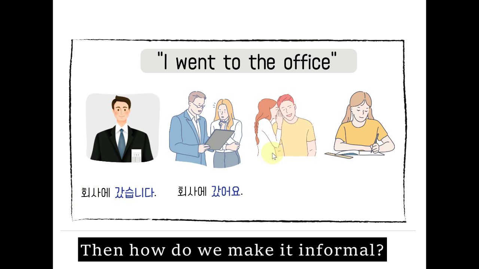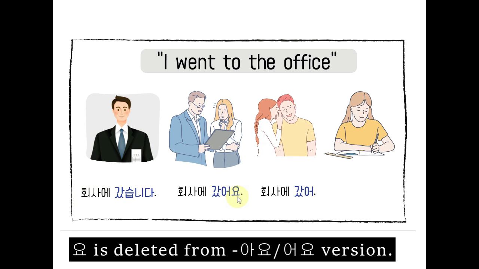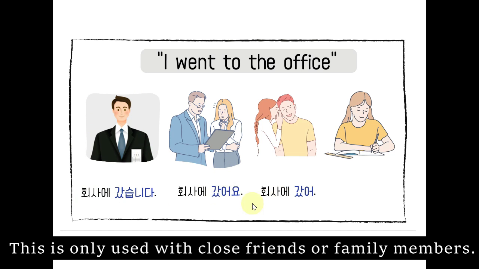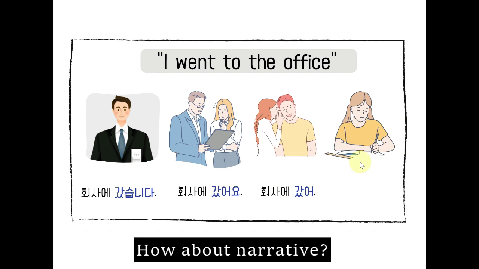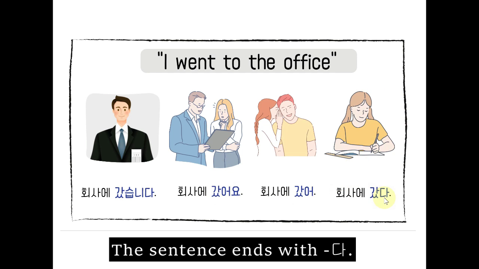Then how do we make it informal? 회사에 갔어. 요 is deleted from this 아요, 어요 version. This is only used between close friends or family members. How about narrative? We can say 회사에 갔다. The sentence ends with 다.